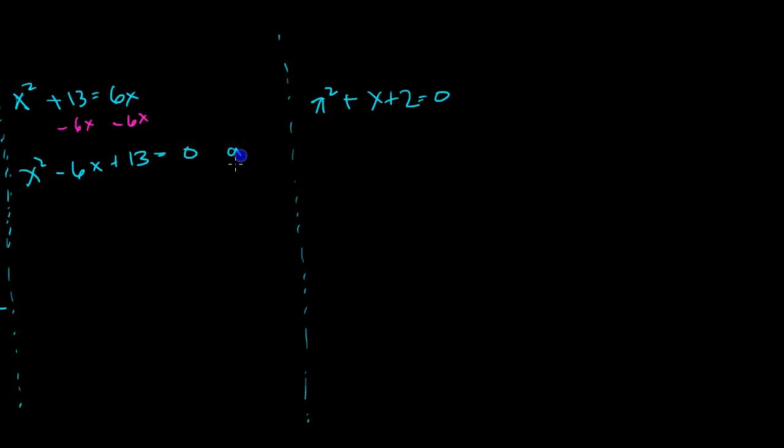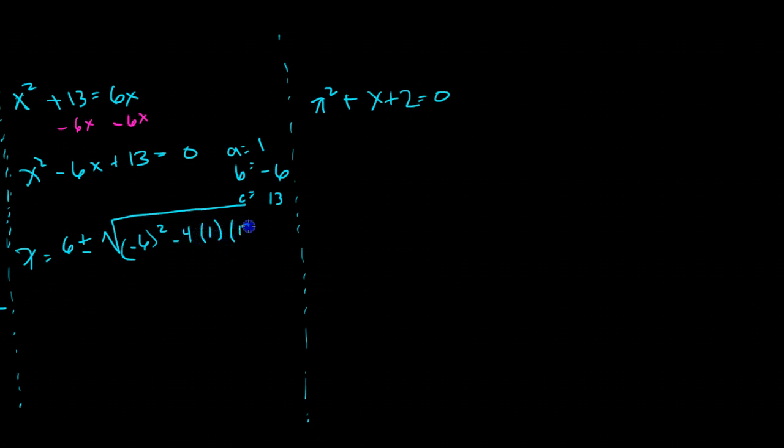Now we can identify our a, b, and c. A is 1, b is negative 6, and c is 13. So we have the opposite of negative 6, which is 6 plus or minus the square root of, let's see, negative 6 squared minus 4 times 1 times 13 all over 2 times 1.